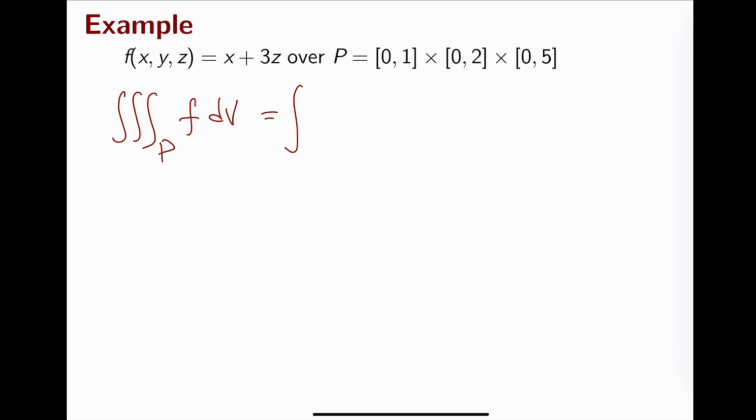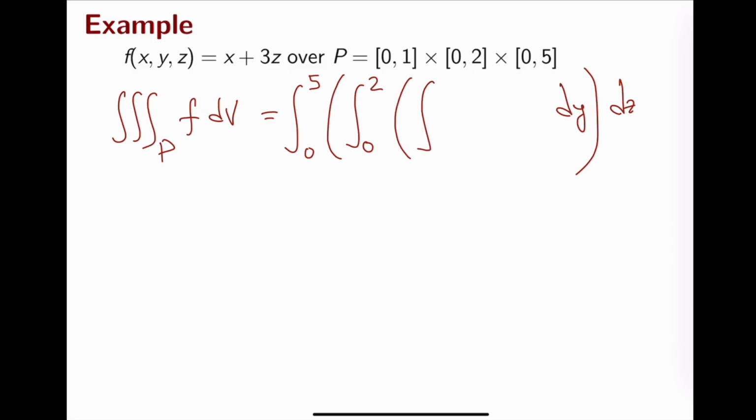So for instance, I'm going to do outside the variation of z. That will be the last one I do. Here I'm going to put the variation of y, between 0 and 2, dy. And then finally inside I'm going to put the variation of x between 0 and 1 of the function, that in this case is given here, x plus 3z dx.